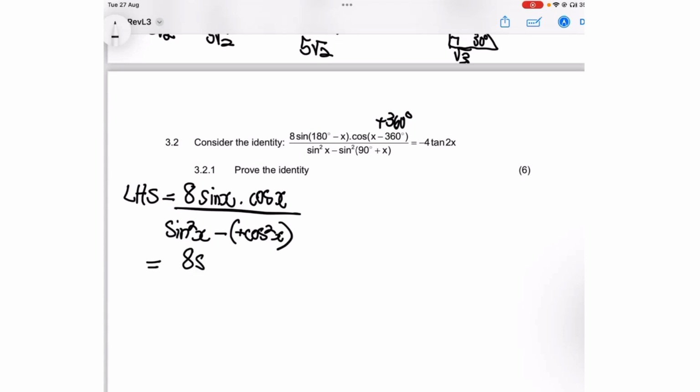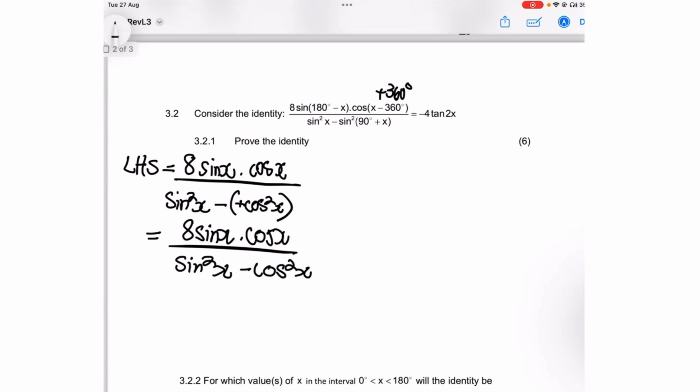So we've got 8 sine x times cos x over sine squared x minus cos squared x, right? So what are we then going to do with that?